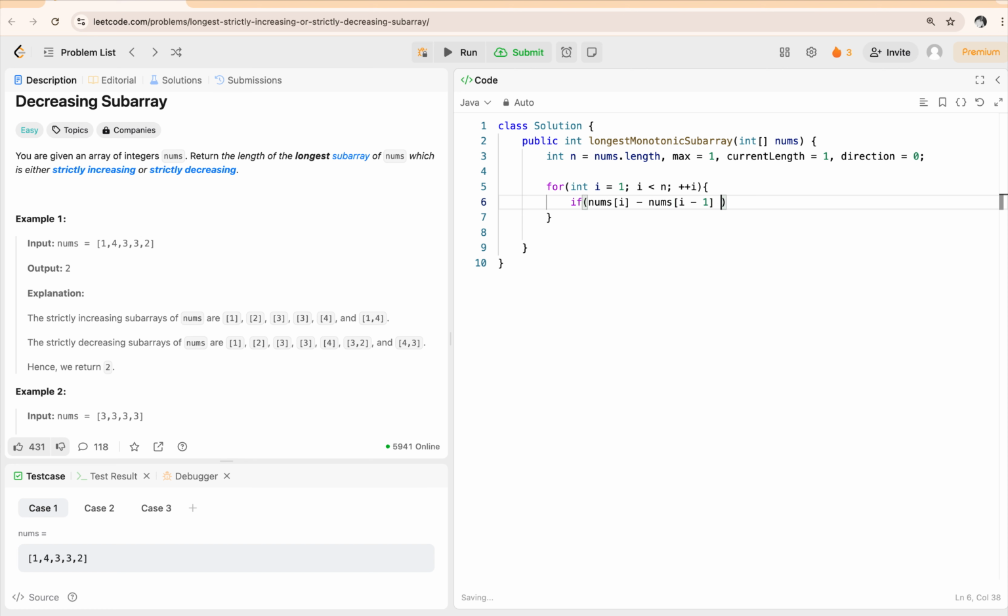Either it is greater than 0, this is one chance, else if nums of i minus the previous is less than 0. So there are only three possibilities: either the current number is greater than the previous number, or it is less than the previous number, or it is equal to the previous number. This is the equality case.